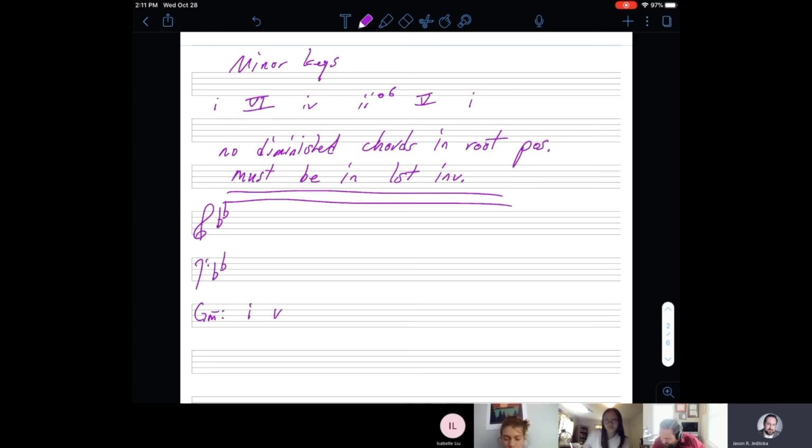It's going to look almost identical to the one before. But notice, we don't go down to A, we just keep it at C.